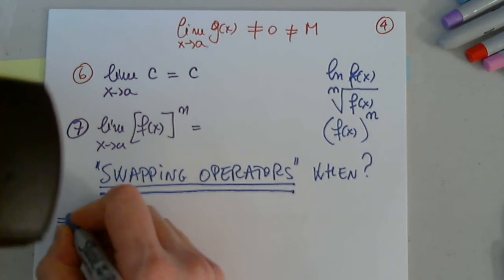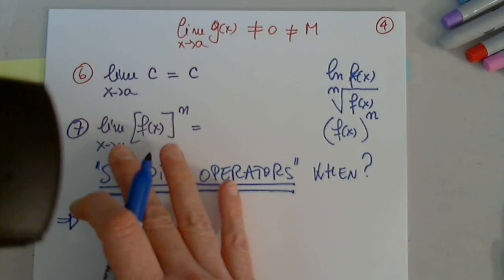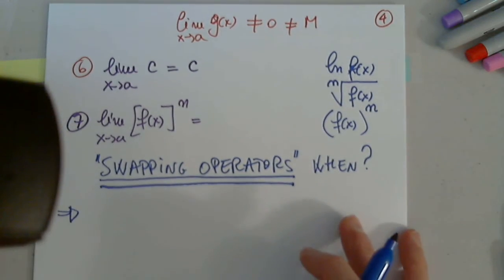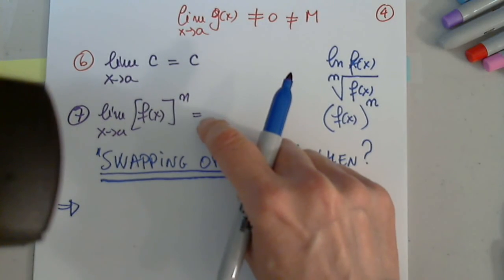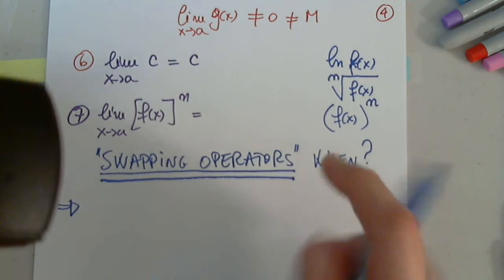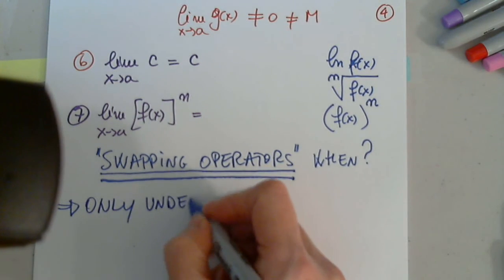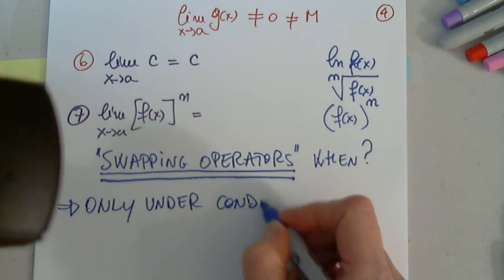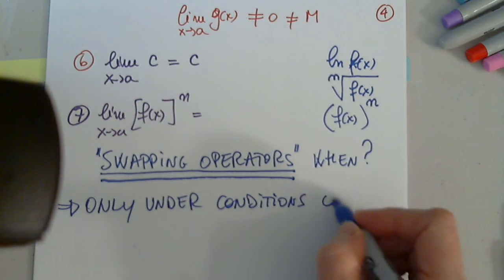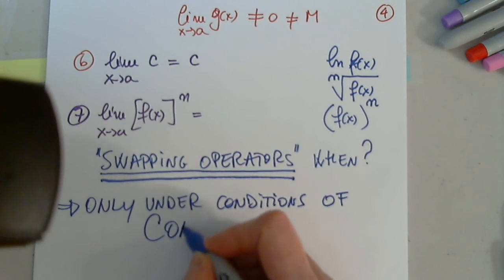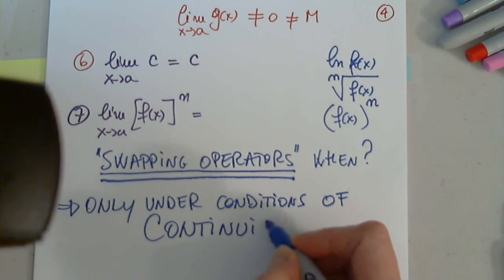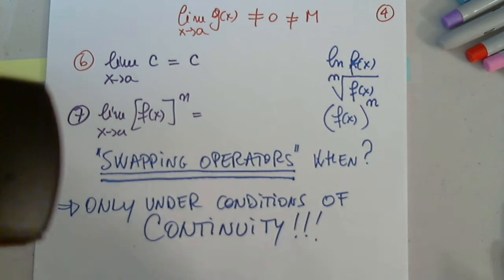This is very important. We haven't gotten there yet, but I need to use it now, and I want you to understand the process because I need to use it later. When? Only under conditions of continuity. Later.